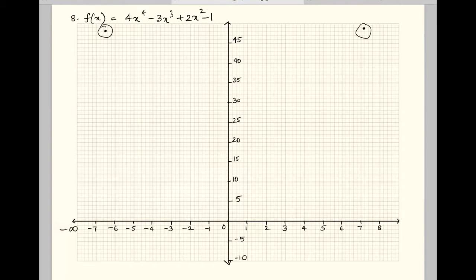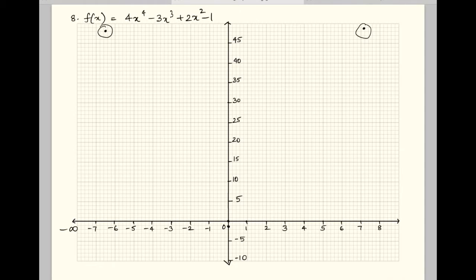So you try to draw the graph, you will get like this. At 0 it is minus 1, somewhere here. If you want to draw a graph more accurately, you need to take some more important points. So put x equal to 1, what you will get?